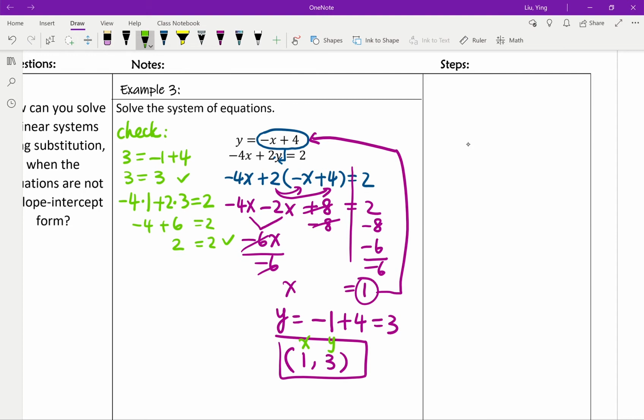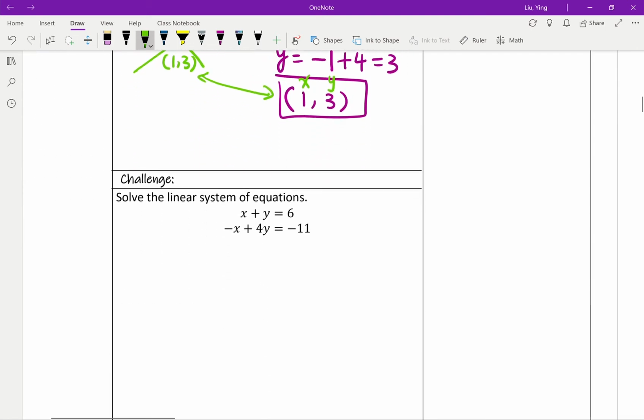Let's say y equals negative x plus 4 looks like this, and the other equation looks like that. Once you graph it on your graphing paper, you'll be able to identify where the intersection is, and if your answer is true, then the intersection would match this answer. So there are two ways to check your answers.